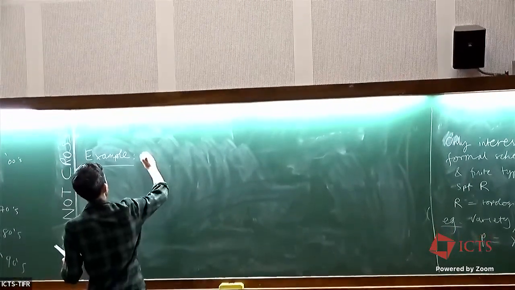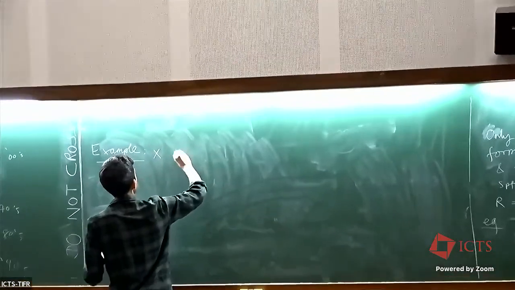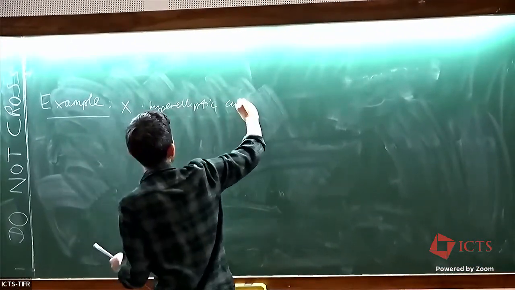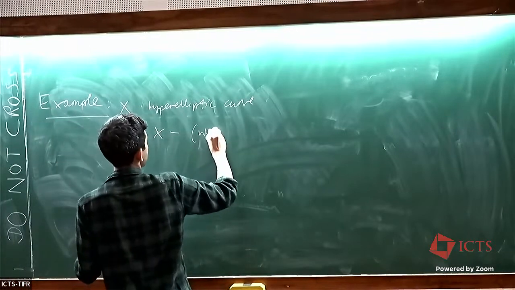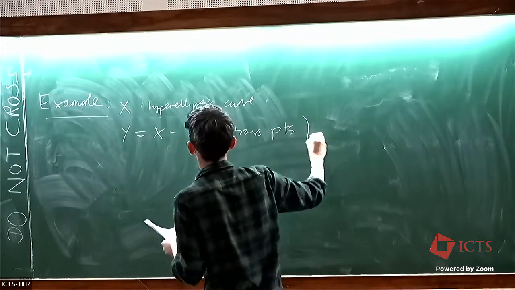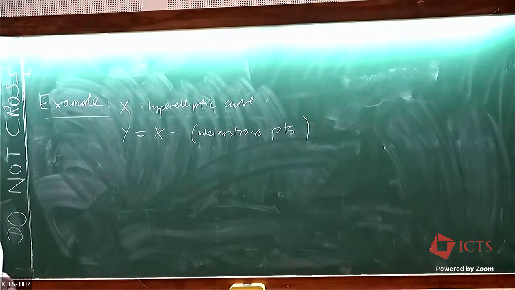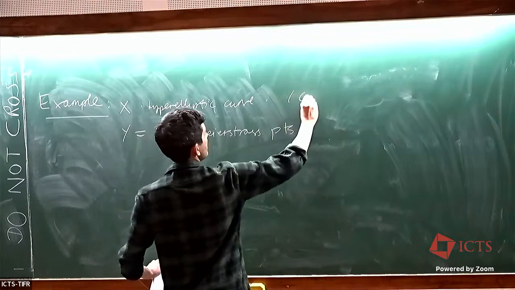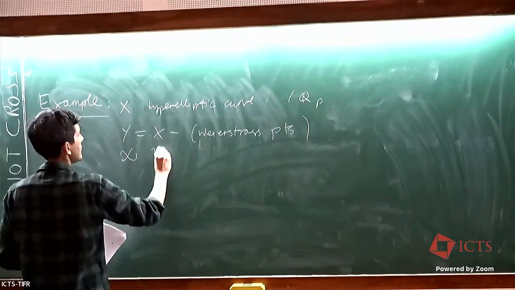Remember, yesterday in the lecture, we had a hyperelliptic curve, and then we had some open, which was X minus Weierstrass points. This was X over Q_p, and then we had some smooth models of these X and Y, over Z_p.